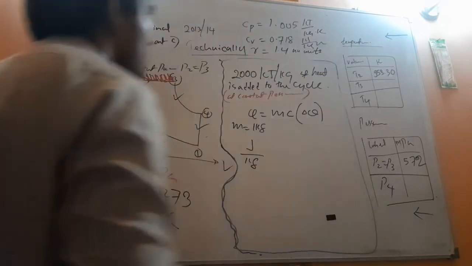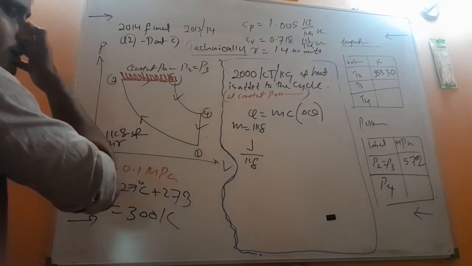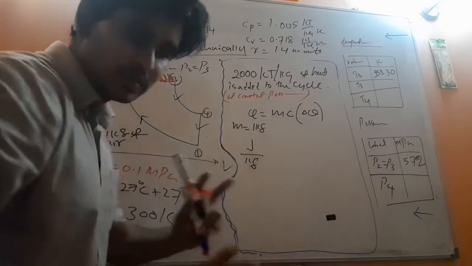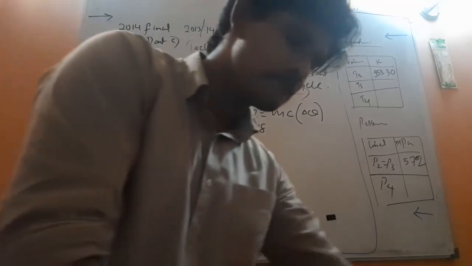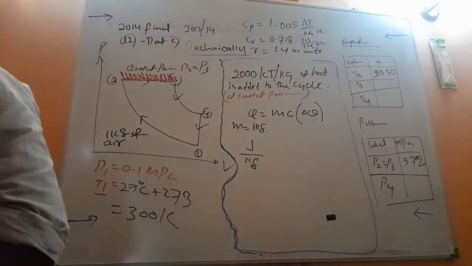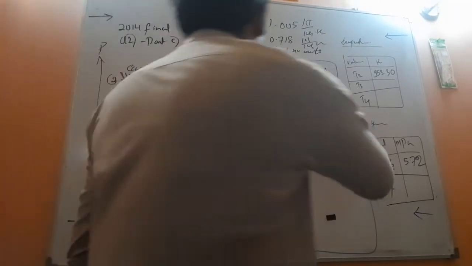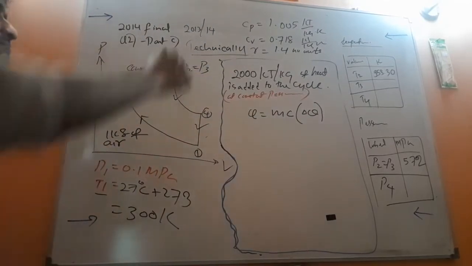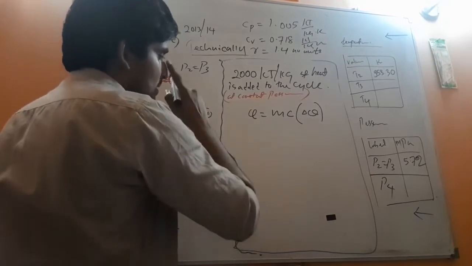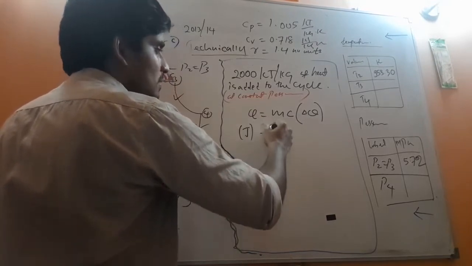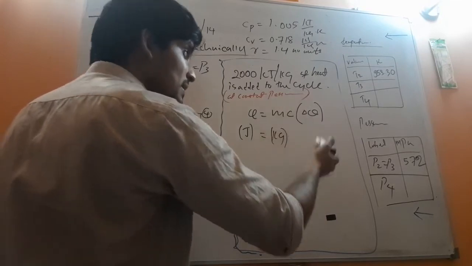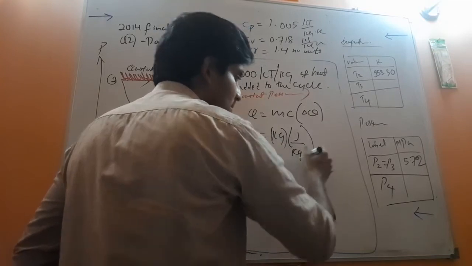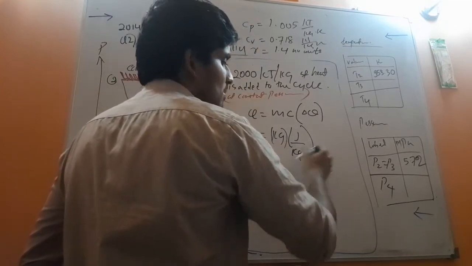But what is the unit that they have told us? It's not joules per kilogram, it's kilojoules per kilogram. Okay. Hold on. How to get that relationship? Because these are basics, you have to be very sure about your basics. If it is Q equals m c delta theta, Q will come in joules, m will come in kilograms, c will come in joules per kilogram per Kelvin or degree Celsius, no problem.